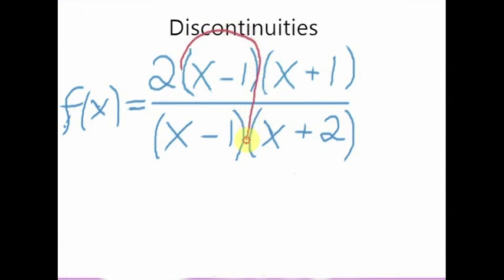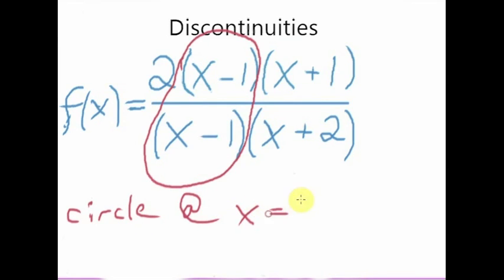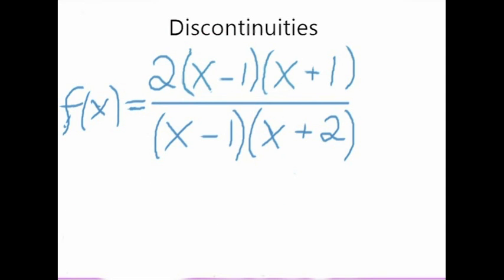Open circles occur when a factor on the top is matched by a factor on the bottom. Here we have x minus 1 on the top and the bottom. So we have an open circle at x equals 1. To find the y value of the open circle, we need to find the limit of f of x as x approaches 1, which is the circle.